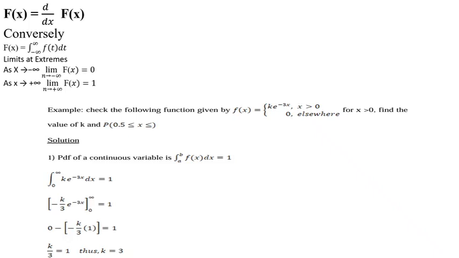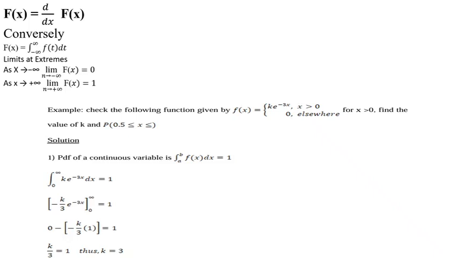If we integrate this, the integral from 0 to infinity of k exponential raised to minus 3x dx equals 1. It will give us minus k over 3 e raised to minus 3x from 0 to infinity equals 1, because we said the integral of the PDF of a continuous random variable is 1.